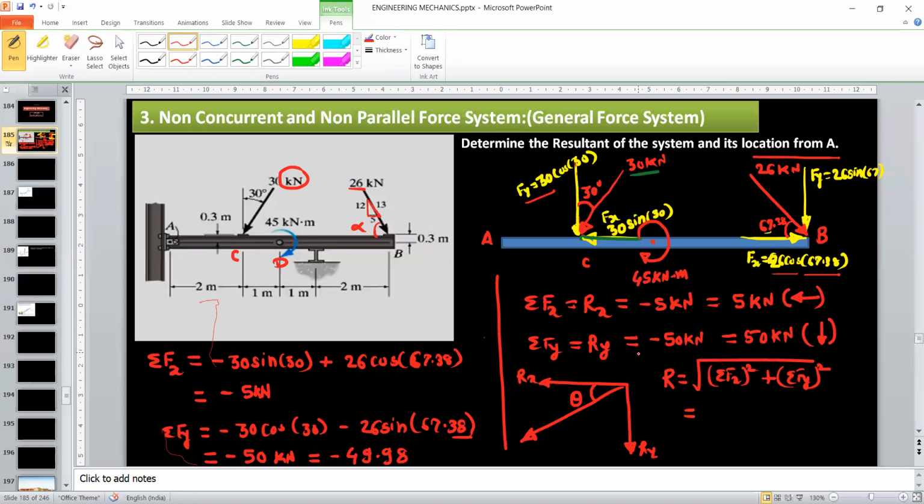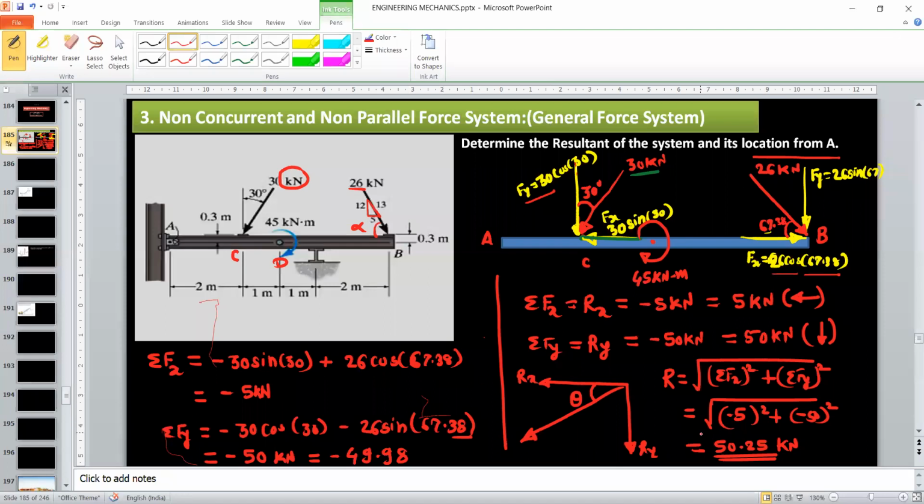Put in the values of summation Fx and summation Fy: minus 5 square plus minus 50 square. This is equal to 50.25 kilonewton.